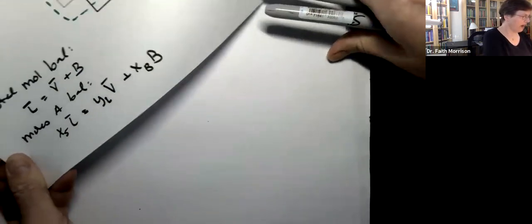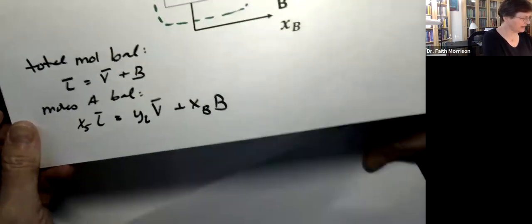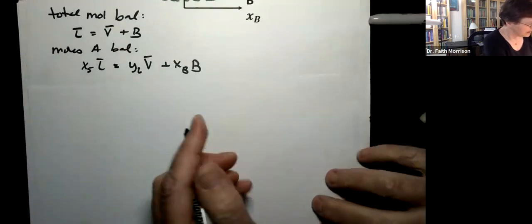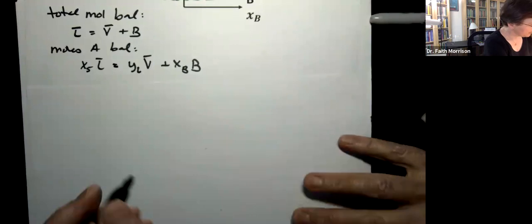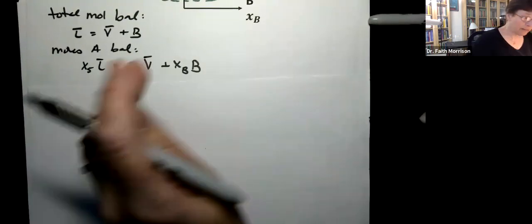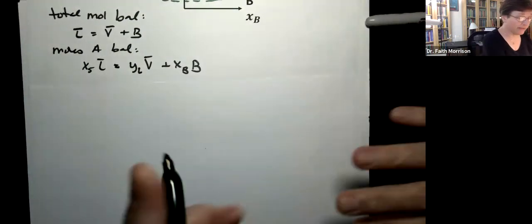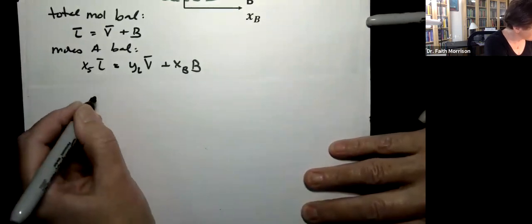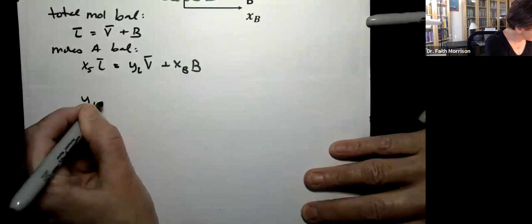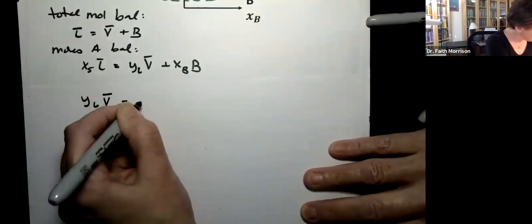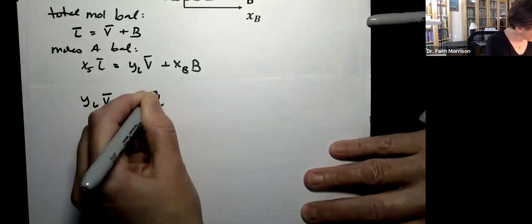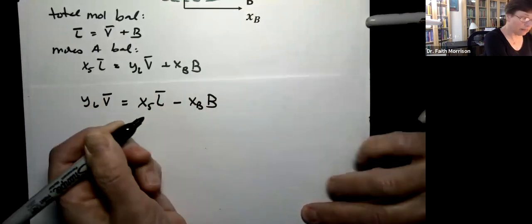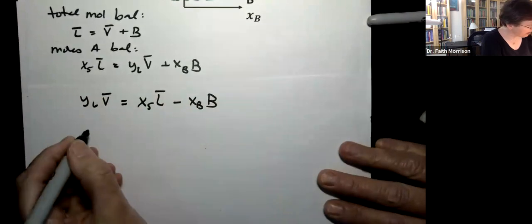So we're going to follow the same ideas that we did last time. We'll simplify this equation a little bit so we can get the operating line for the bottom half of the column. I'm looking to have y as a function of x. So Y6 V bar equals X5 L bar minus XB B. Now I'll divide by V bar.